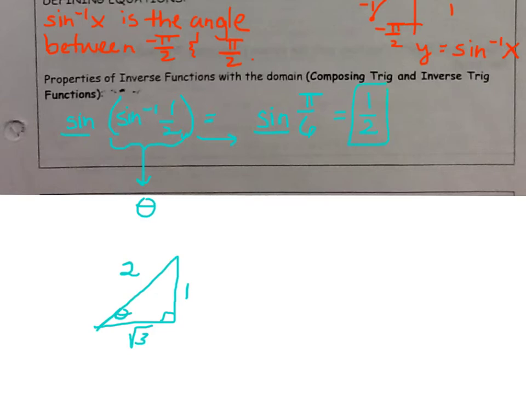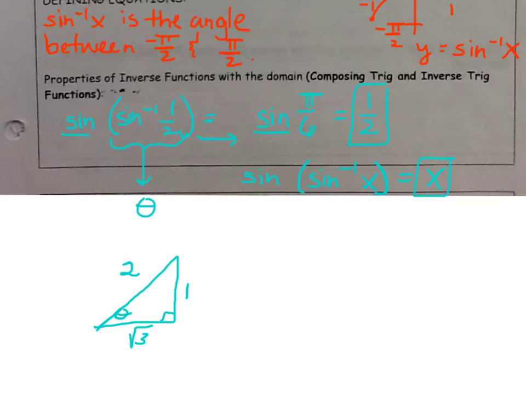So, when you compose trig functions with inverse trig, sine of the inverse sine of 1/2, there's some things that can make this kind of difficult, but at its easiest level, your answer is just 1/2. So if I put it in symbols only, think about this. Sine of the inverse sine of x is always going to equal x.